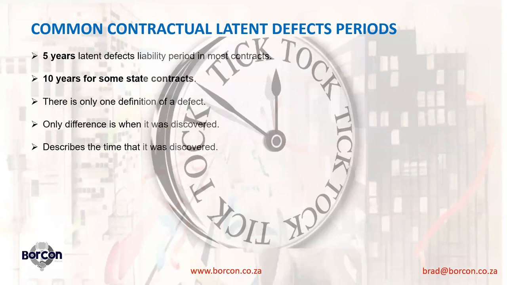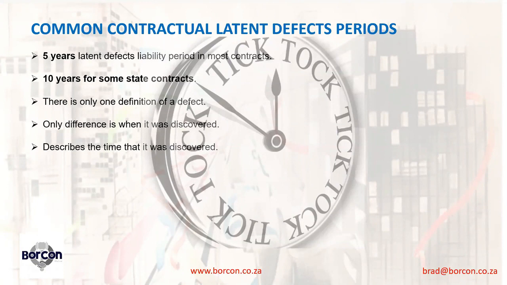So if you're contracting without a contract that has a defects liability period defined, your client can come back to you at any time in the future, whether it's 20 years later, and tell you that your original installation was defective and that defects only manifested itself now. And like I said, the more time that passes, the harder it is to prove, absolutely.